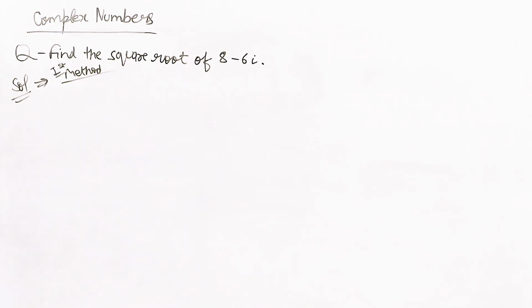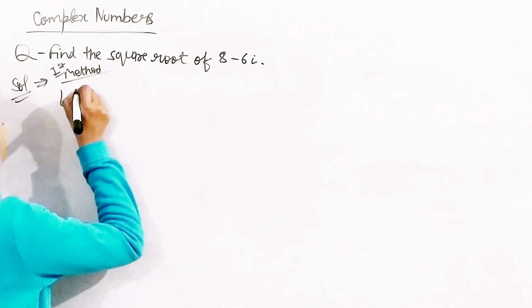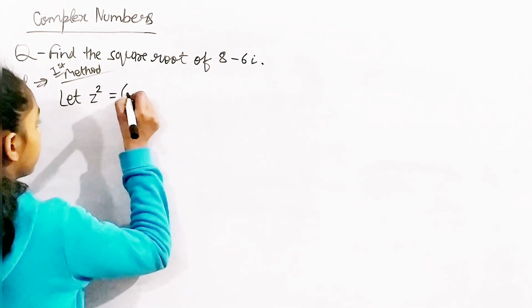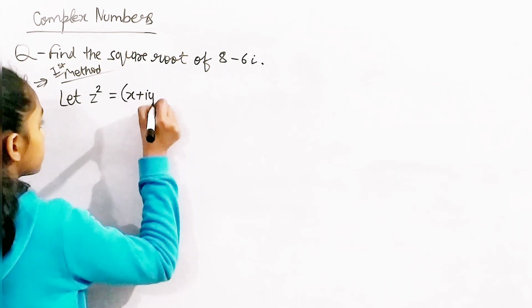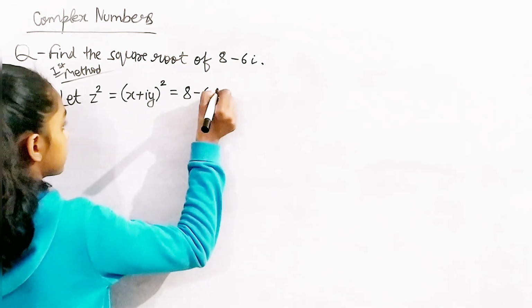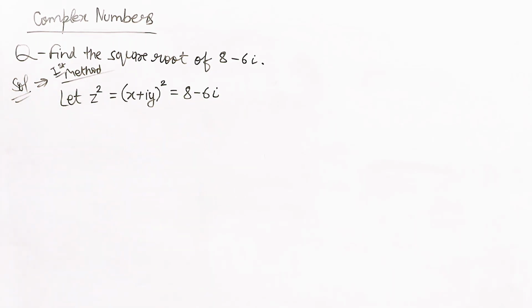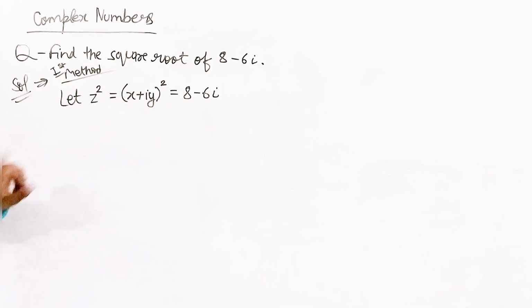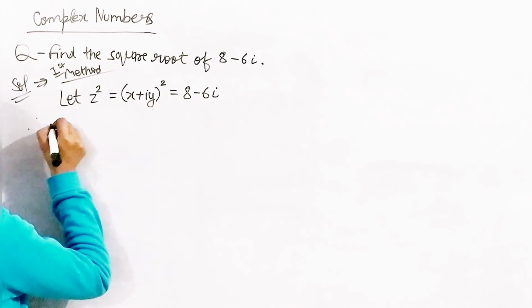Let z squared be equal to (x plus iota y) whole squared, which is equal to 8 minus 6 iota. Is this clear? So what is it saying? We have let z squared be equal to (x plus iota y) whole squared, equal to 8 minus 6 iota.